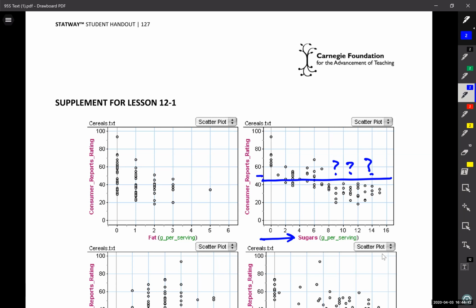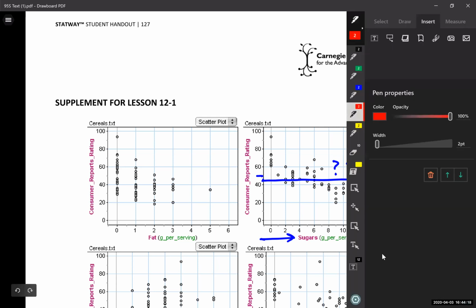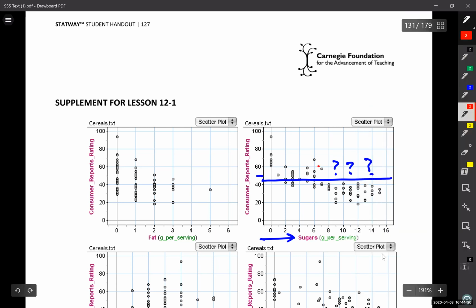So what dot is farthest to the right and above the line? We can see this guy right here is the farthest to the right and above the line. There's nothing else after here.